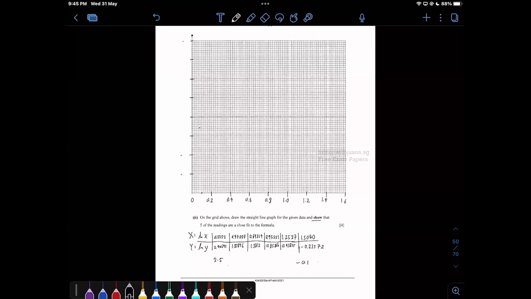Maybe 0.4 is okay. 0.4 is okay. 0.4, 0.6. Sorry, not 0.6. 0.8, 1.2, 1.6, 2.0, 2.4, 2.8. Is that all right?